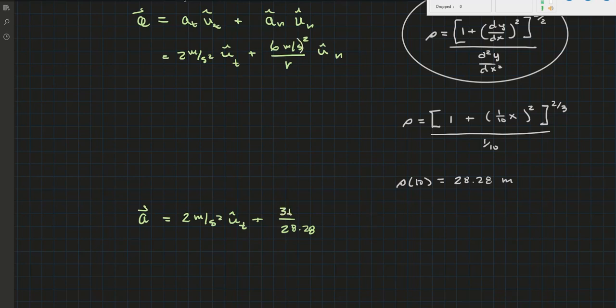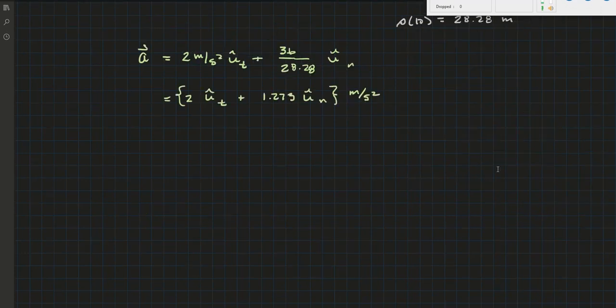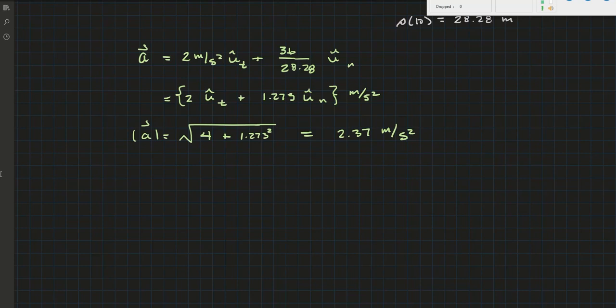Let's put parentheses there. 36 over 28.28 u sub n. So we can do that simple math, and then we can figure out what our magnitude is, because that's what the problem asks for. So this is going to be the square root of 2 squared, which is 4, plus 1.273 squared, and that equals 2.37 meters per second squared. Equals a.